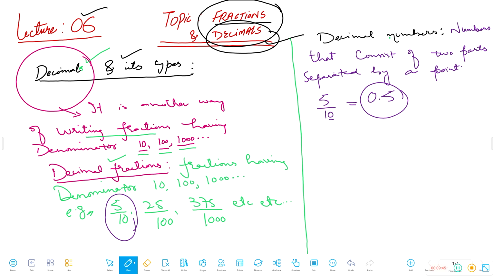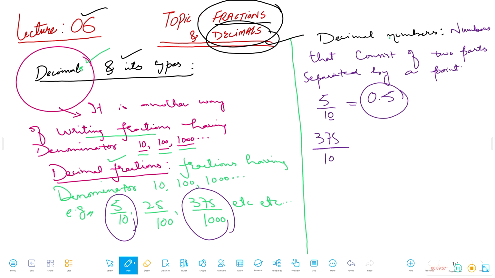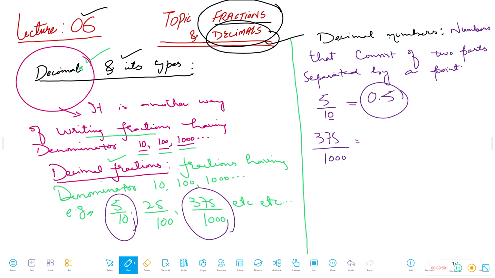I will take one more example here. Let me consider 375 by 1000. I am writing 375 divided by 1000. Now let me convert it into a decimal number. The denominator is in terms of 1 and 0, so let me write the numerator back. It is 375.